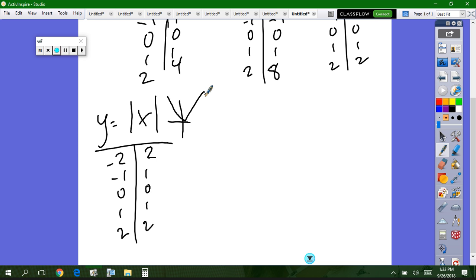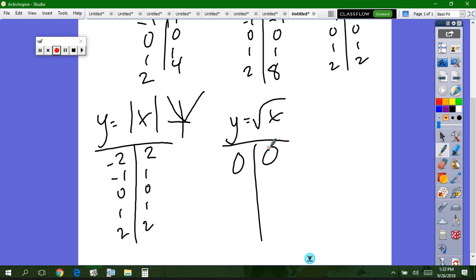What else? How about a square root? Maybe you haven't done that one, but we're going to talk about it. What value should I plug in for a square root? Can I do my Fab Five? No, because I can't really put -2 in there. Then I get imaginary, so I just want to stay real. Can I pick 0? Yeah, what's the square root of 0? What else can I pick? 1's a good one. How about 2? I could.